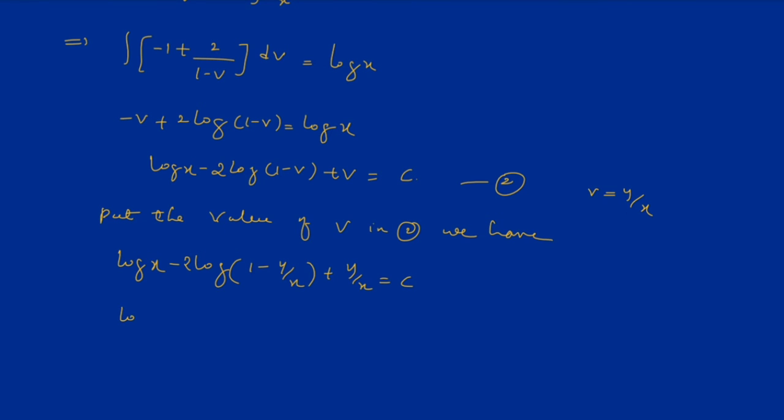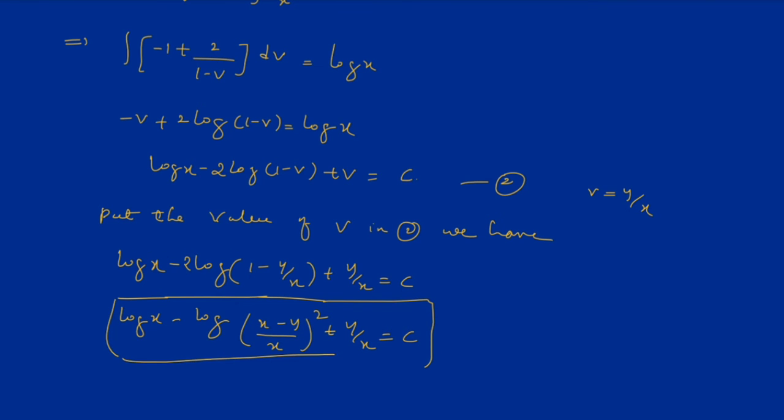So again, what we can do here, log of x minus log of (x minus y) upon x, whole square, plus y by x, which is equal to c. This is nothing but our required equation, right?